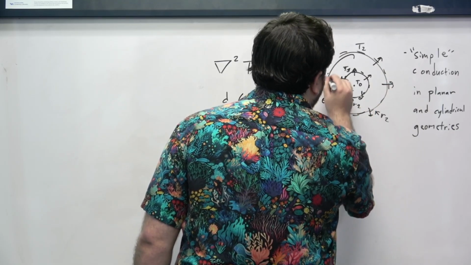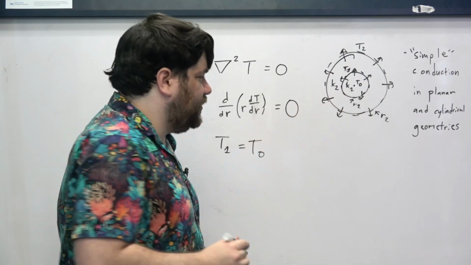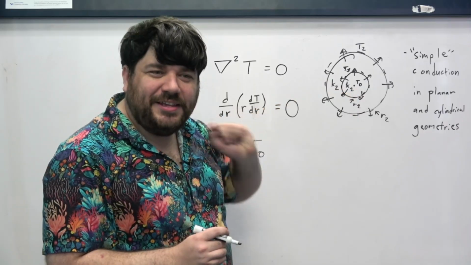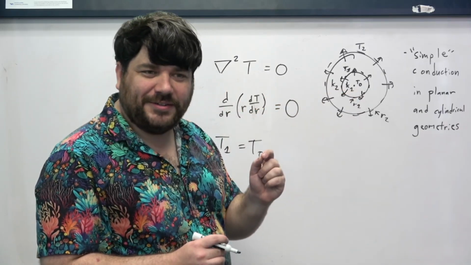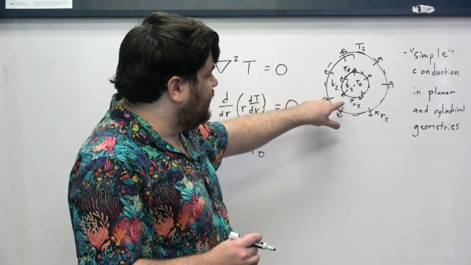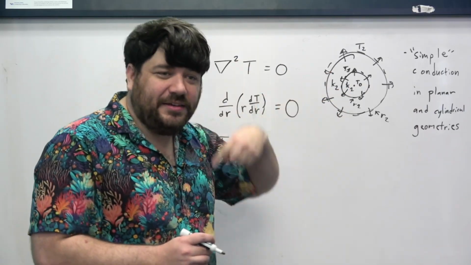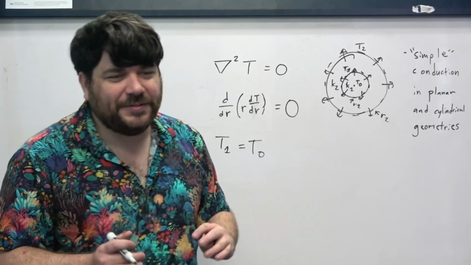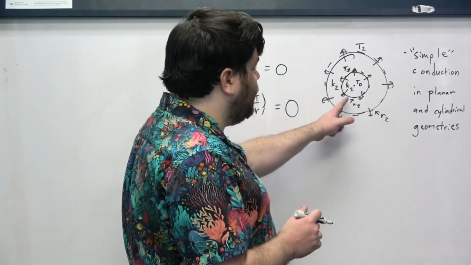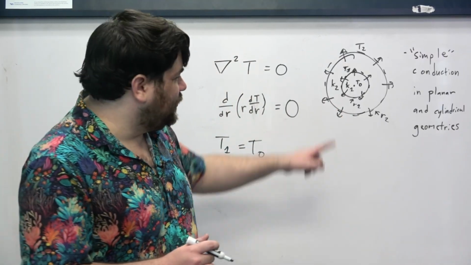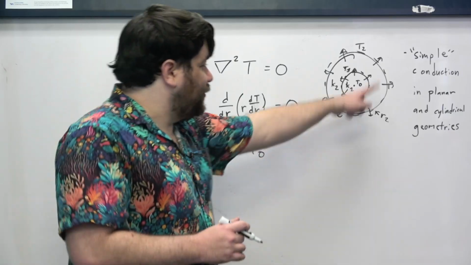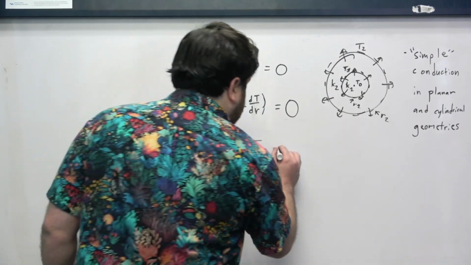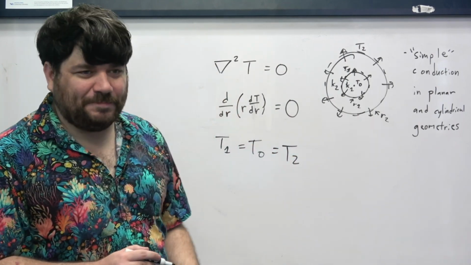Whatever the amount of heat that's leaving the main cylinder, all of that heat also has to leave the cylindrical section. Energy in equals energy out, or power in equals power out. But there is no energy going in because there's no heat transfer happening from the main cylinder. And so as a result, there can't be any heat transfer happening on the outer part of the cylinder. And so T2 is also equal to T0.